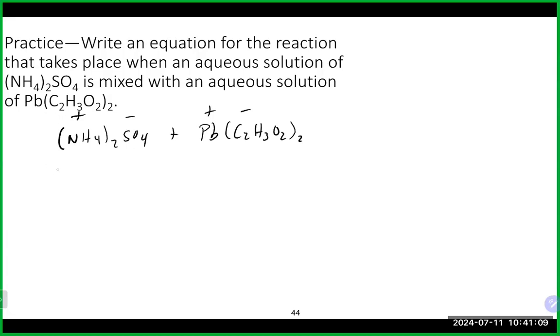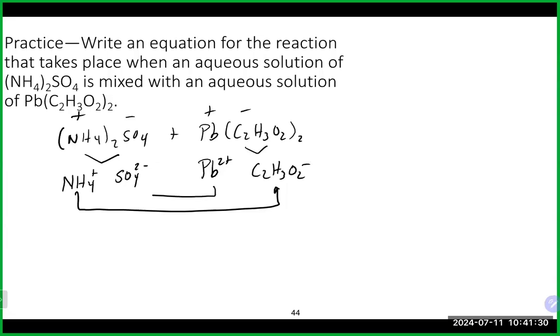Again, we want to look at just the basic units here. That is the polyatomic ion of ammonium, and that is sulfate, also a polyatomic ion. For lead 2, knowing that it is lead 2 is helpful. And this is acetate, which is again the basic unit here. So now we have our basic units as we switch partners.